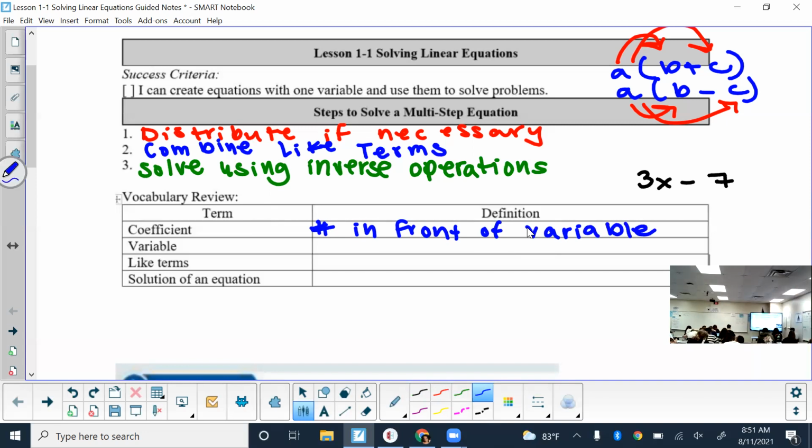Anyone know what these single numbers are called? They're called constants. All right. Just FYI, I know I don't have that word in here. But single numbers are your constants. Numbers in front of variables are your coefficients. Now we said it's in front of a variable. So what is a variable?